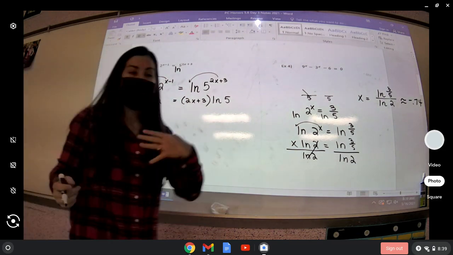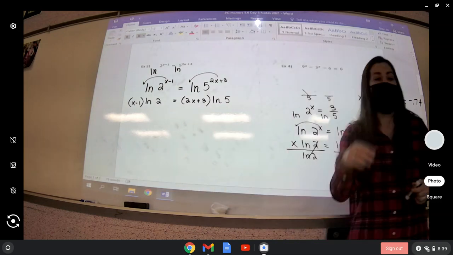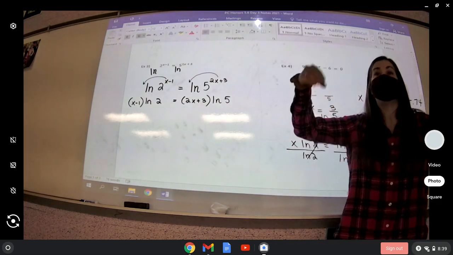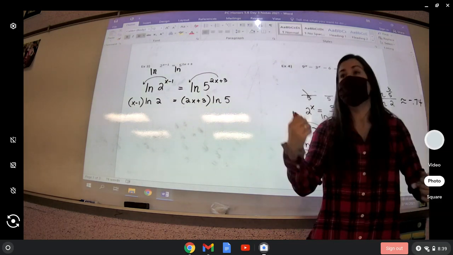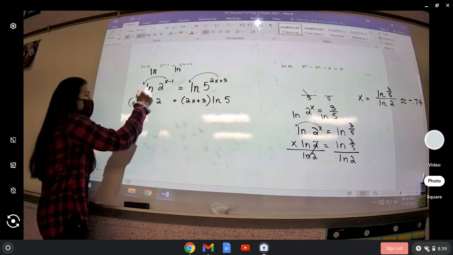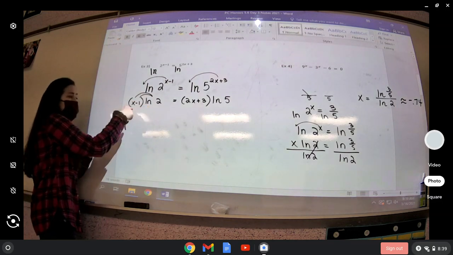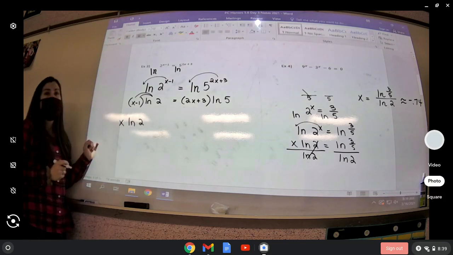So guys, our job is to solve this for x. I got x over here, I got x over there. Now we're going to have to get everything with an x to one side and anything that doesn't have an x to the other side. So let's get rid of these parentheses by distributing. So it'll be the natural log of 2 times x, which is x times the natural log of 2.